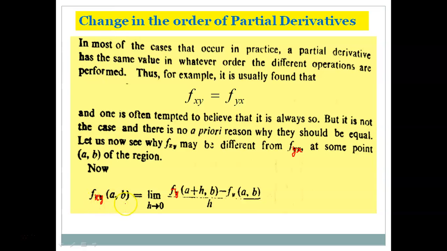Actually the notation is like that in this situation, and here fy(a+h, b) means we are changing the x variable. That is why we are taking the partial derivative of fy with respect to x. So the notation here is written like this: fxy(a, b) equals this quantity.